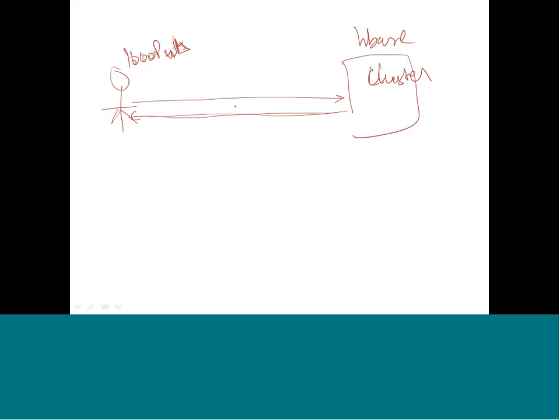I will make 1,000 RPC calls to insert. So there are 1,000 network round trips. So how can I minimize it? I can minimize it by taking that 1,000 and batching it up. I can say 1,000 puts, batch it up, and send it in one shot.